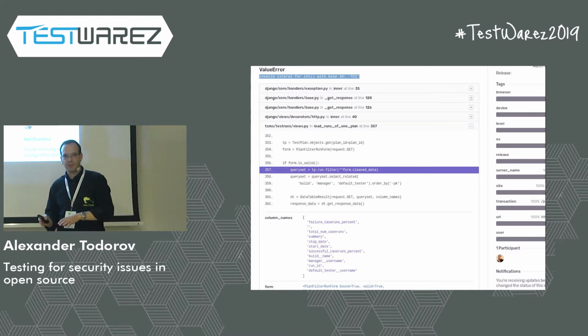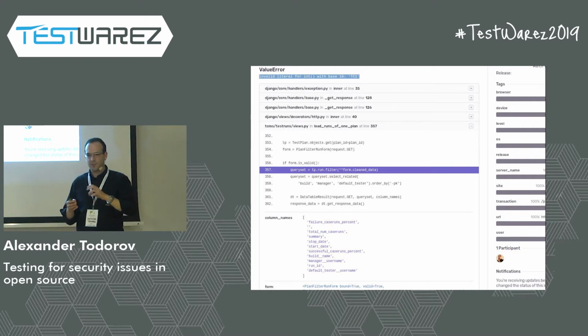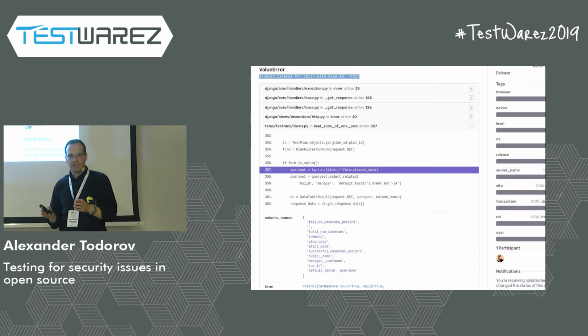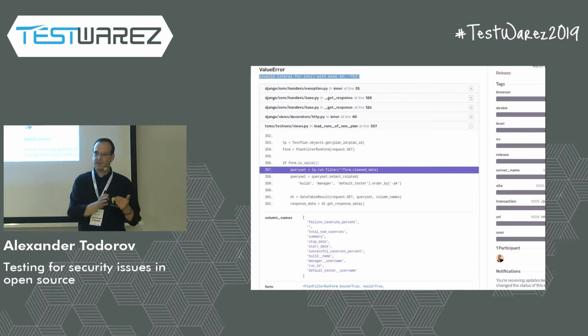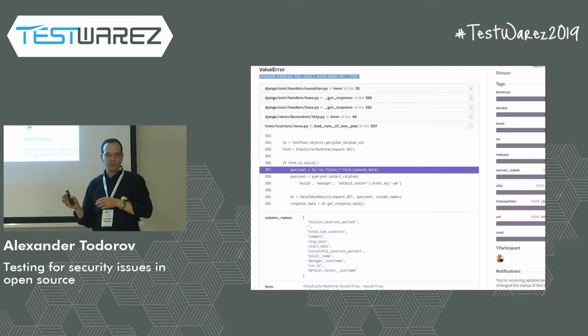In this particular example, we don't know if the user was just careless and they didn't type something correctly, or they were actually very clever and trying to disguise their probing for SQL injection in this very smart way that would look like an innocent error. And the good news for us is that we don't really care which one is the case. That is a crash which happens on production.